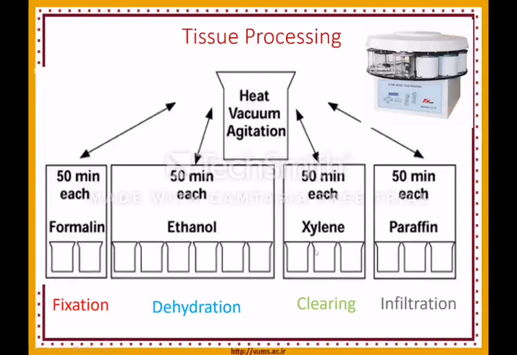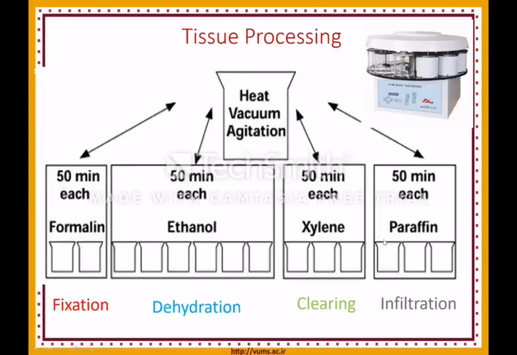After that, the next step is named clearing, where we use xylene, which includes 3 jars, and the tissue changes from jar to jar, and finally we infiltrate the tissue and the cell with paraffin.